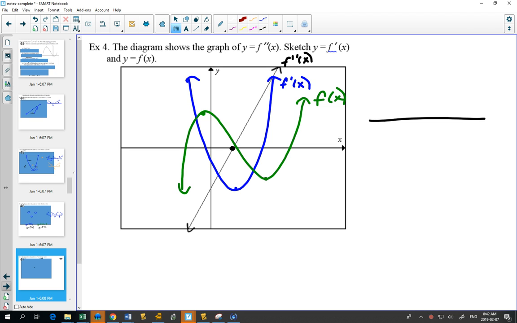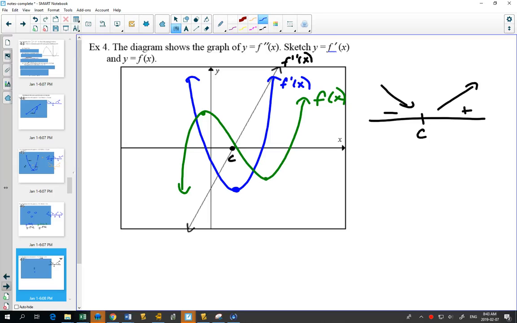But on our black graph, if we have that 0 right here, and I'm going to call it point C since nothing's labeled here, we know that our black graph is negative here and then positive here, which means if we go back one derivative, the function before has to be decreasing, then increasing. So that tells us we need to have a parabola in blue, and at C, we need to have a minimum. Now, where that parabola is, or how wide or how narrow, is hard to tell.